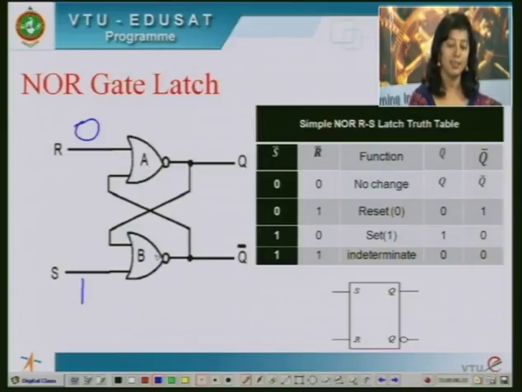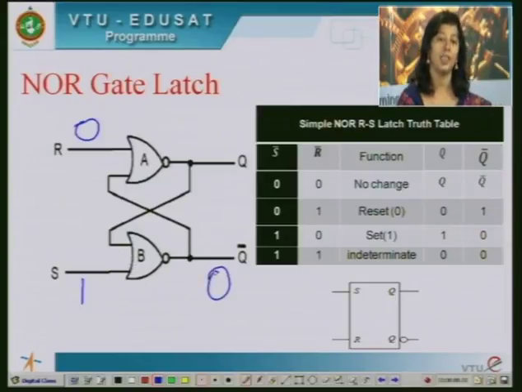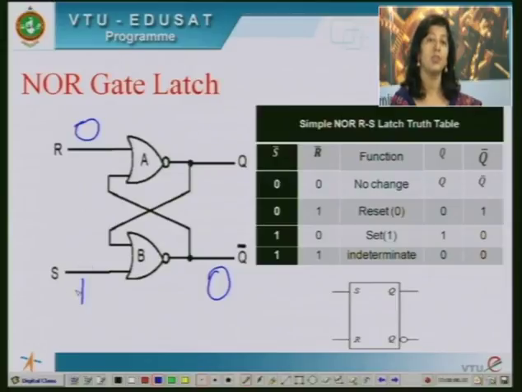So what happens in this? This gate B's output will be tied to 0, because one of its inputs was in 1 state. So since this is 1, you can directly say output of this gate will go off to 0, property of NOR gate. Now if this is 0, the output of this gate Q becomes high.